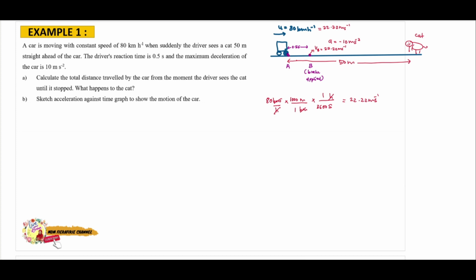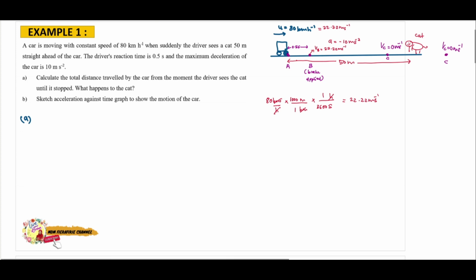Kita tak tahu certain position dia maybe dekat sini, dekat point C dia berhenti, ke dia berhenti dekat sini, dah langgar dah cat tu. So we consider somewhere on the line as point C. So we put VC equal to 0 meter per second. Means that the car will stop at point C. Kalau dia berhenti dekat sini, sinilah yang akan kosong nanti. Boleh? Okay, so now back to question A.